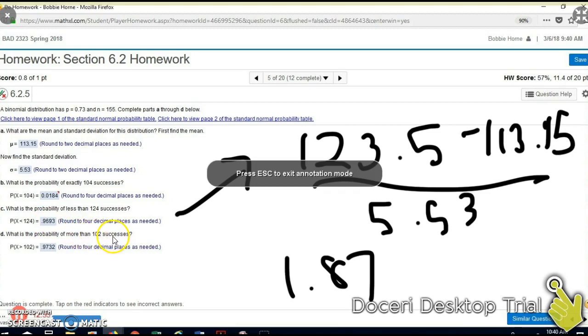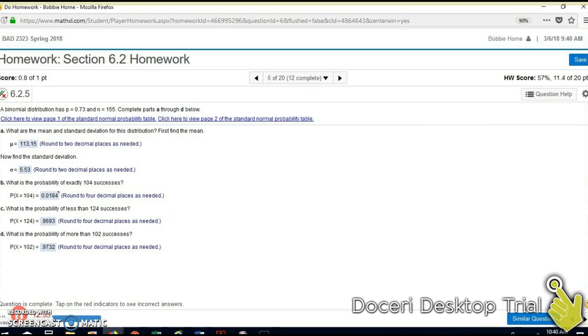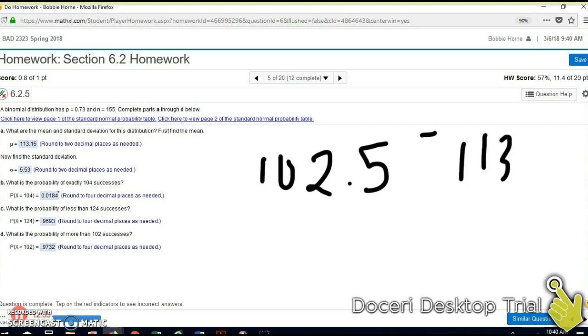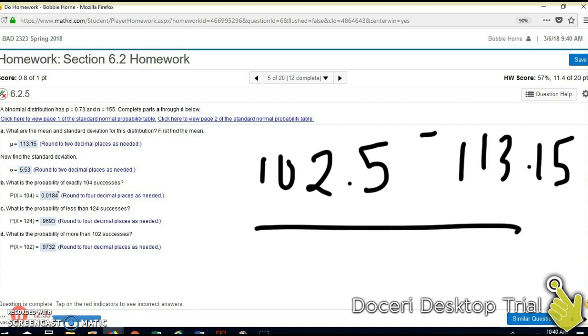And then more than 102 successes, what you would have to do there is you don't want it to include 102. So you would have to do the interval again, and you would have to do a little bit above that, 102.5 minus 113.15 divided by 5.53. And if you divide that out, you get negative 1.93, I believe.